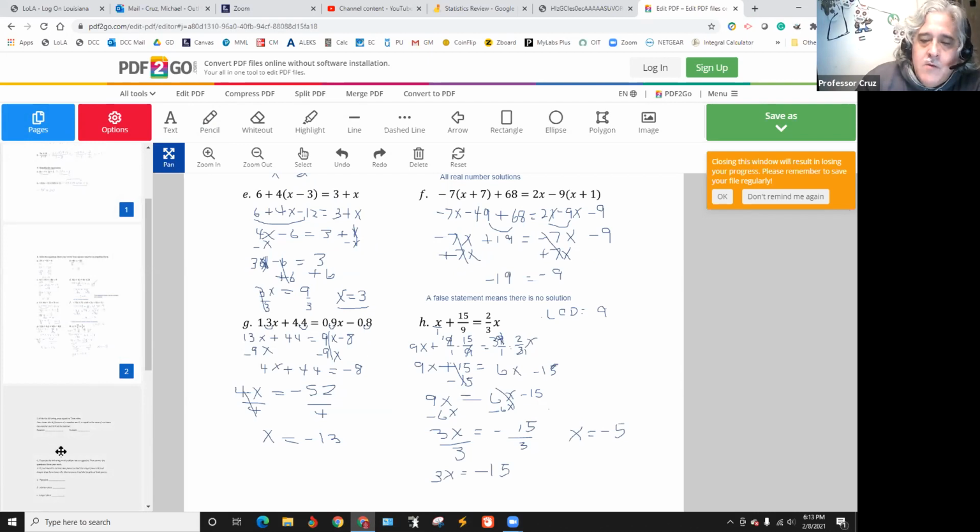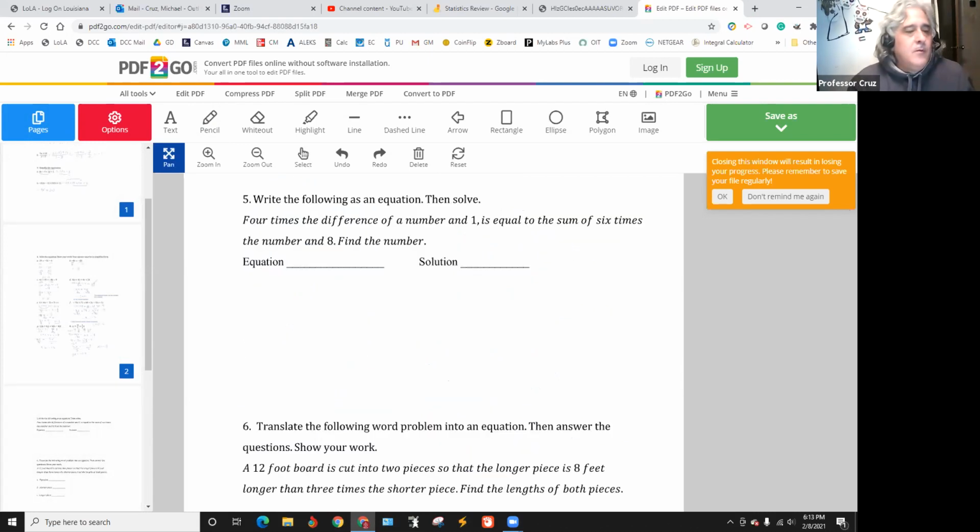So now we got wordy stuff. All right, so this is one of those equations we got to set up from the words.